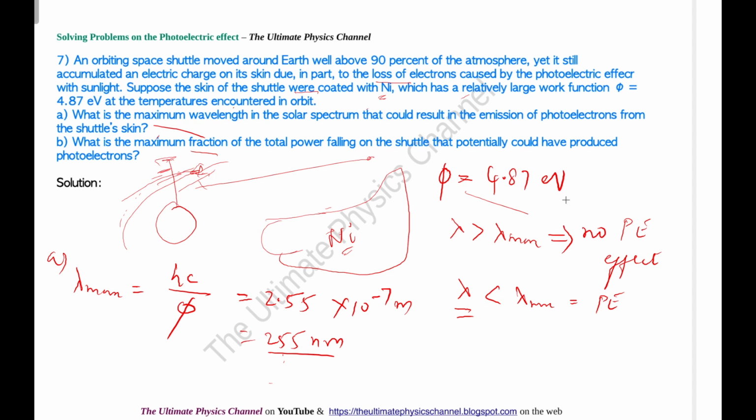That fraction of power is calculated from the black body spectrum data, from the total area of the Planck's curve in the black body spectrum, right? So we kindly recollect that the black body spectrum resembles something like this, with wavelength, let's say, on the x-axis.